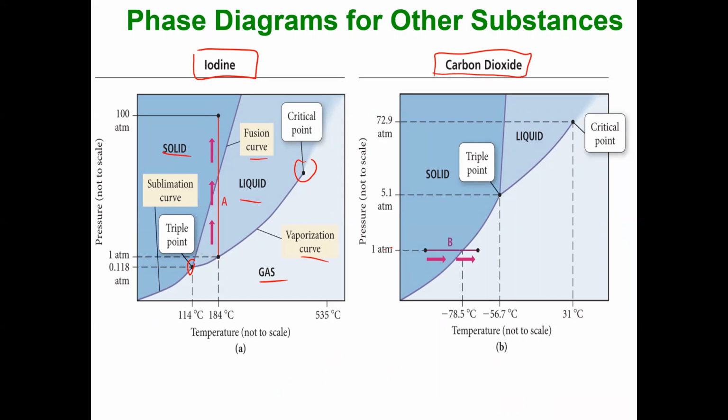What I notice at 1 atmosphere, carbon dioxide, as I heat it up, because the triple point is at a higher pressure, I go straight from solid to gas. So I'm cutting across this sublimation curve, and that's why I see dry ice sublimating.